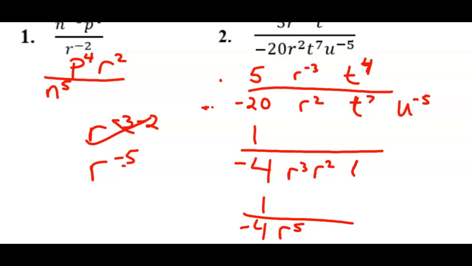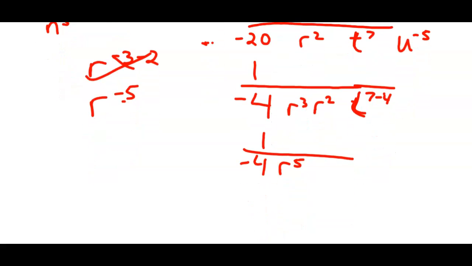It started down there, so I can just do t to the 3. Do you see that? I'm able to do 7 minus 4 because of where I put it. So this is t to the 3rd.